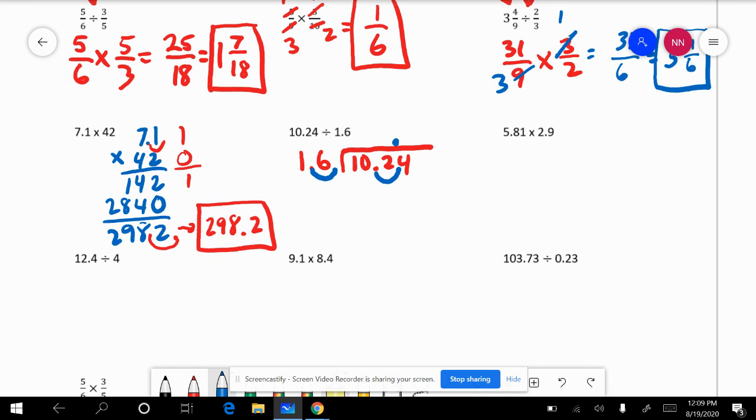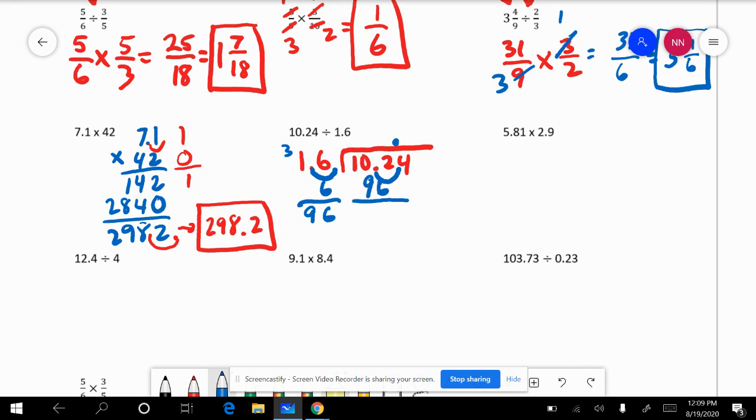Now we're going to see how many times 16 goes into 102. And 16 goes into 102, I think 6 times. Let's try it out. 6 times 6 is 36. 6 times 1 is 6, plus 3 is 9. So 96 works.